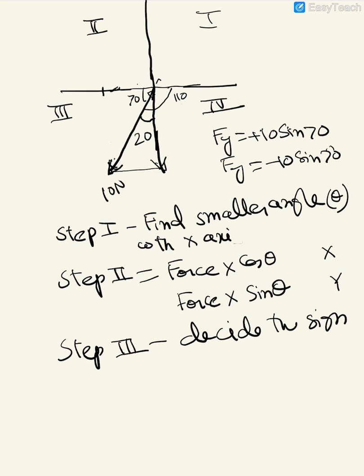Cos of that gives the resolution along x, without sign. Then give the sign depending upon the direction of force. Similarly for y direction, sine of that small angle which the force makes with x-axis, and then you decide the sign. So these are the 3 steps through which you should go. I think that would make things very easy.